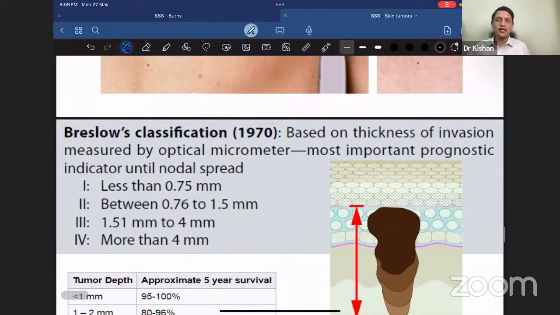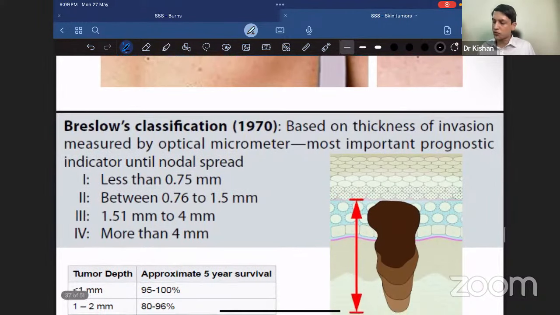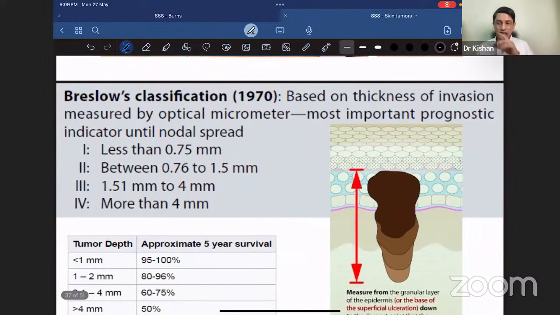Now some classifications. Once you diagnose a malignant melanoma, then you have to classify it, for prognosis purposes and for management purposes. There are two classifications, Breslow's and Clark's. Breslow's classification is based on the thickness of invasion measured by optical micrometer, the most important prognostic indicator.